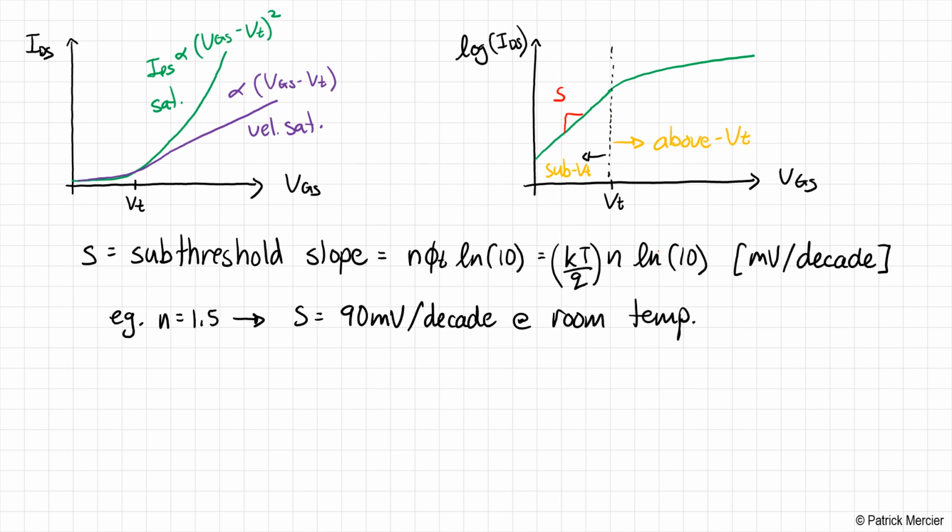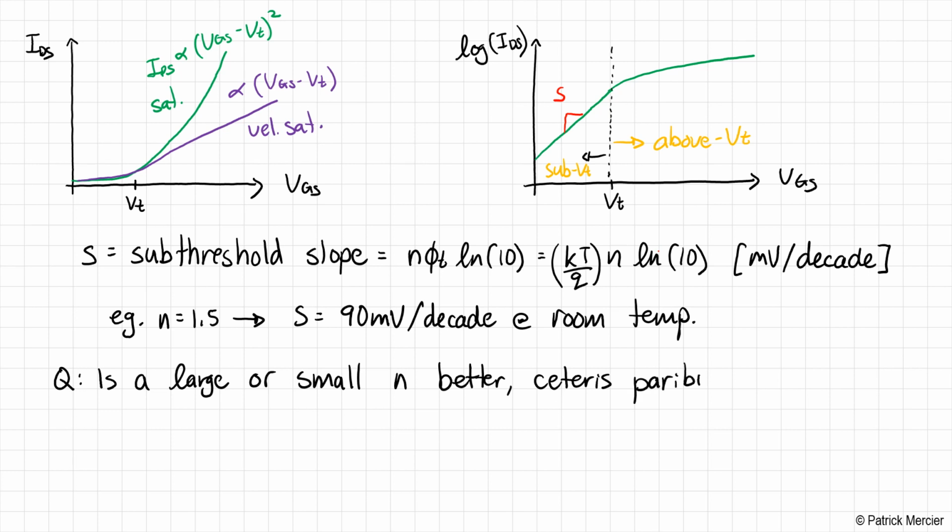So I have a question. Is a large or small n better? And I'm going to ask this ceteris paribus, which is Latin for all things being equal, all else being equal.